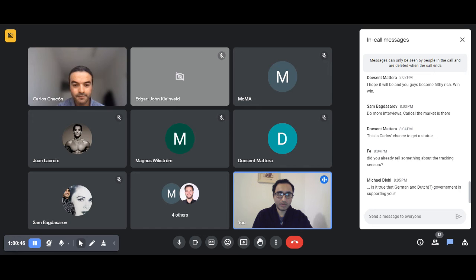Faye is asking us about the hair growth tracking sensors. Basically, we are working on that now. The sensors we developed and tested, we have invested a lot of time in. We are in the development process, so now they work as an MVP, if you want to call it that.